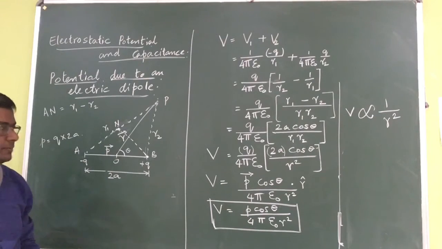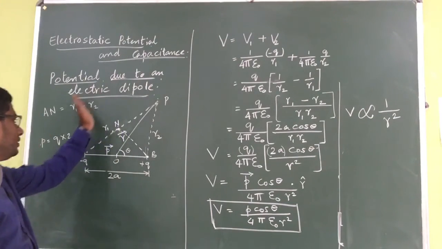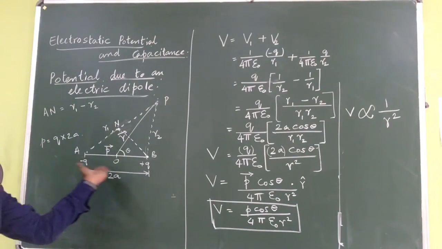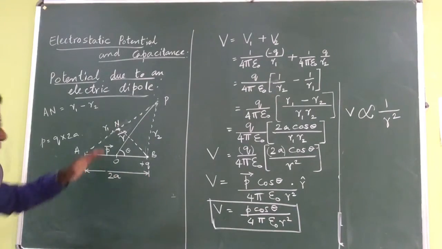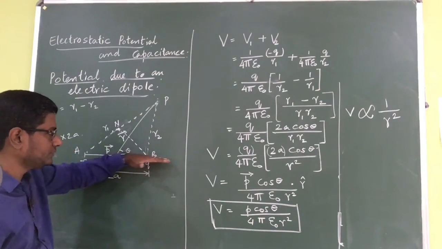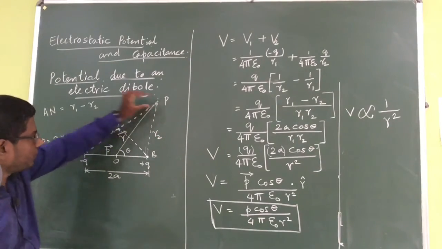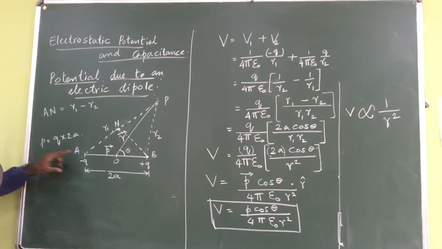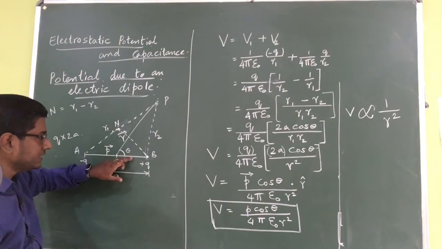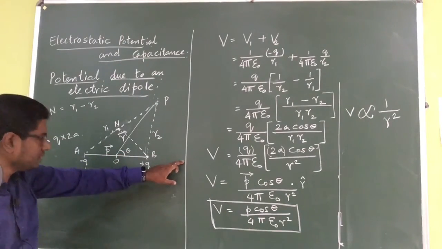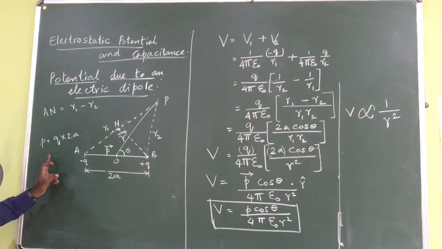There is another possibility that P is going to turn all the way till A and again appear on the axis. So on the line of the axis, if point P goes here or here, this angle theta can either become 0 degrees or 180 degrees.